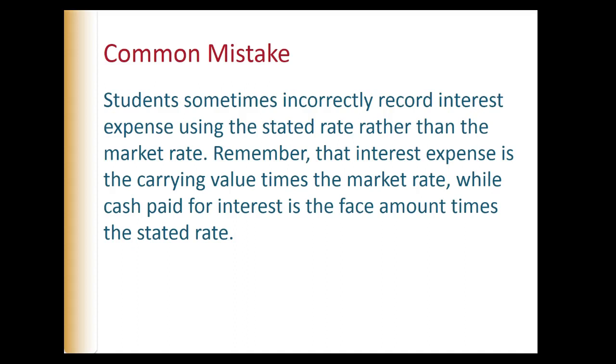Sometimes students incorrectly record interest expense using the stated rate rather than the market rate. Remember, interest expense is the carrying value times the market rate, while cash paid for interest is the face amount times the stated rate.